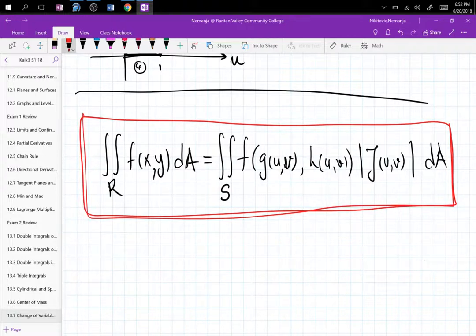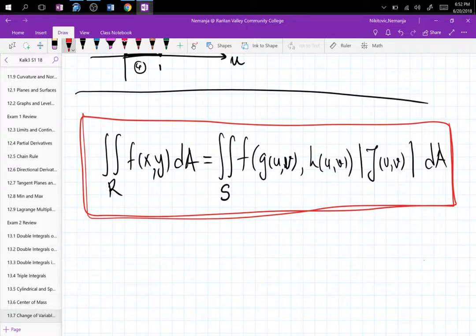Then you need to create a Jacobian matrix, which is a matrix of all partial derivatives, and compute the determinant of that matrix, which might be a number or might be a function, which goes there. Then you unleash algebra to simplify this as much as possible, and at that point you should be able to integrate.